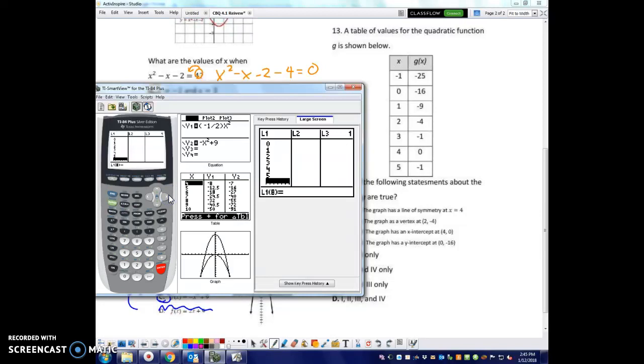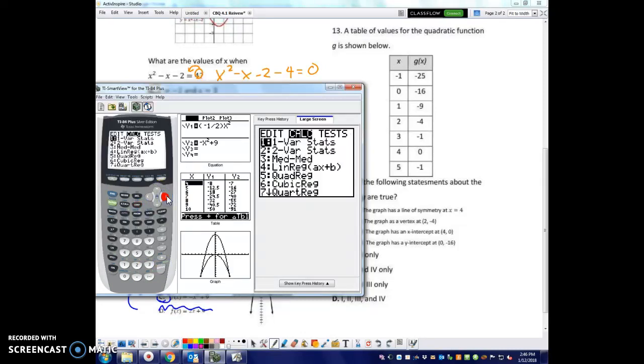Other side. At -1, we have -25, -16, -9, -4, -1, 0, and -1. So stat, over to calc, 5.